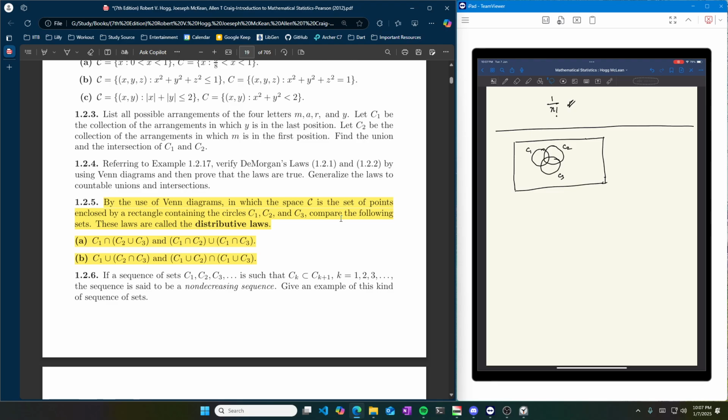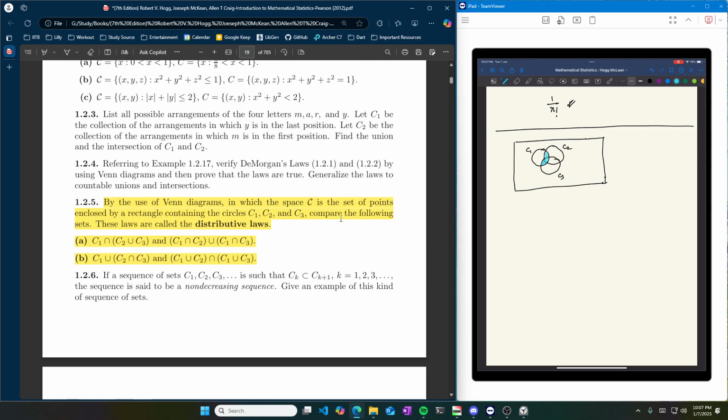And C1 intersection C2 union C3 would be this space. Correct? Yes. So from one approach, we see it is this space.